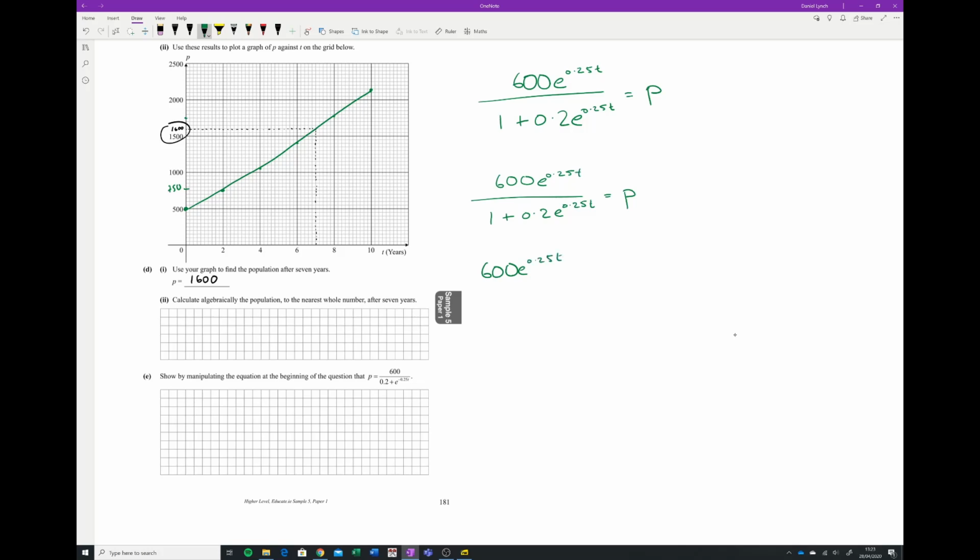Lost a t in there again, is equal to P times, and here we have 1 plus 0.2 e to the 0.25t. So I'm imagining what's going to happen here is, as you can see, this one only has one e in it, so we're going to have some sort of coming together with the e's.